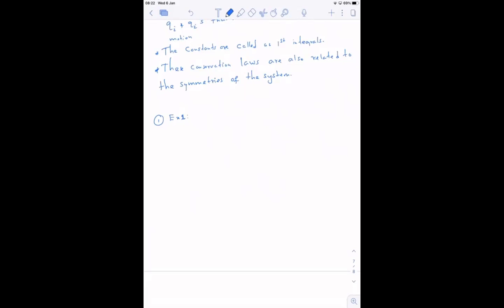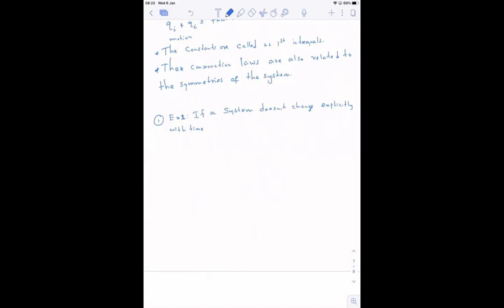So for number one, think about this scenario. If you have a system that doesn't change explicitly with time, then what happens?